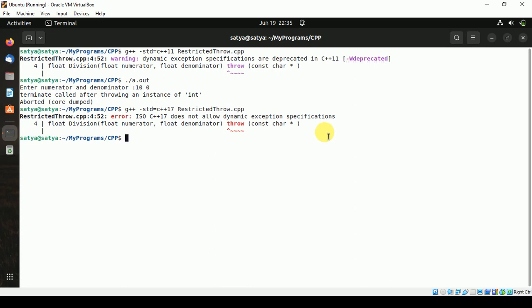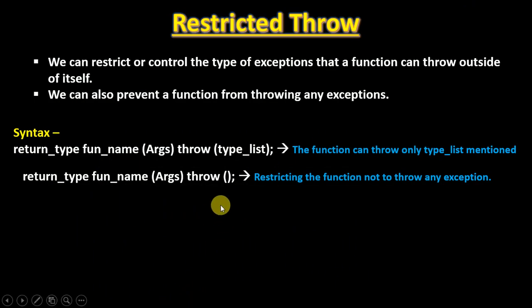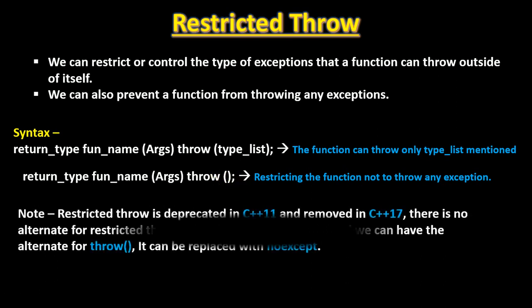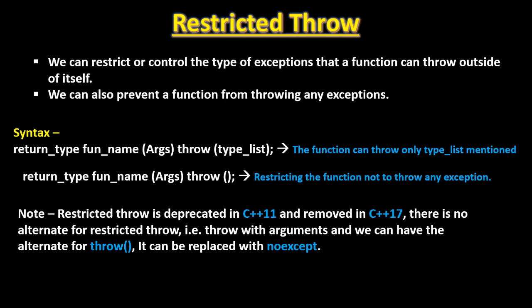So how to do this then? The important point you have to remember is that restricted throw is deprecated in C++11 and removed in C++17. From 17 onwards, there is no restricted throw.